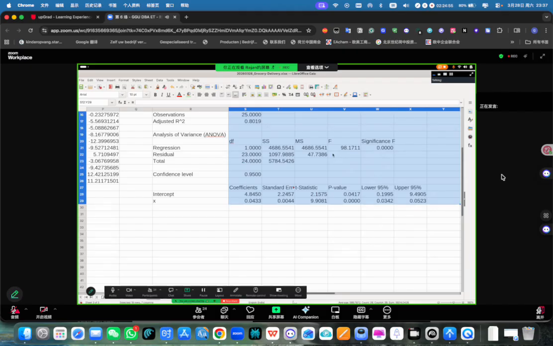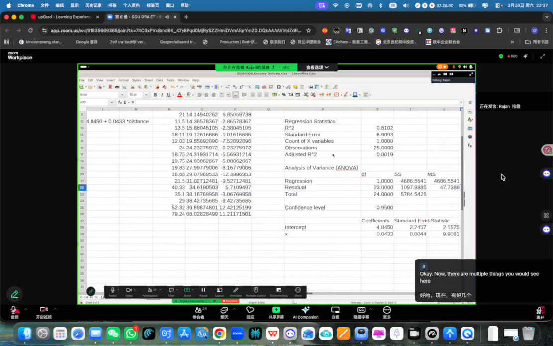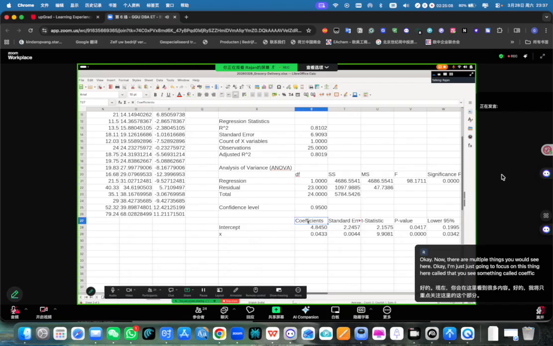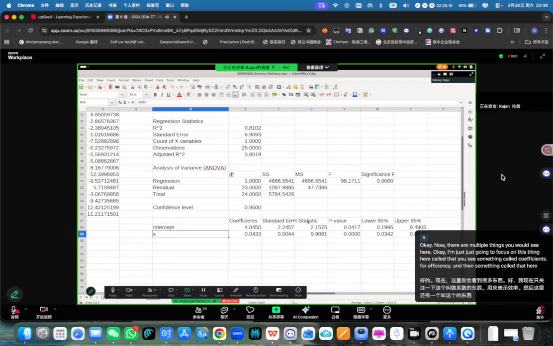Okay. Now, there are multiple things you would see here. I'm just first going to focus on this thing called coefficients, and then something called the intercept and x.